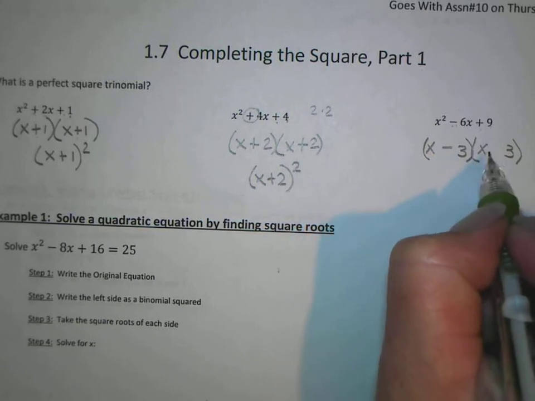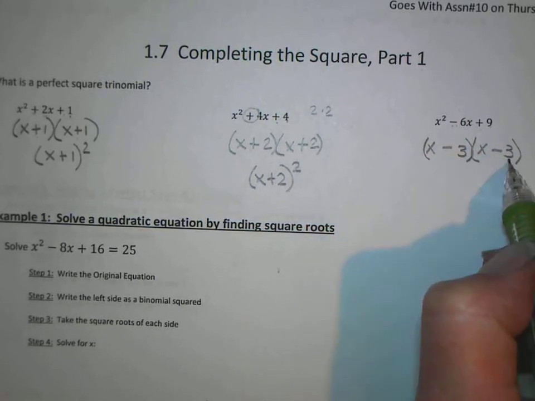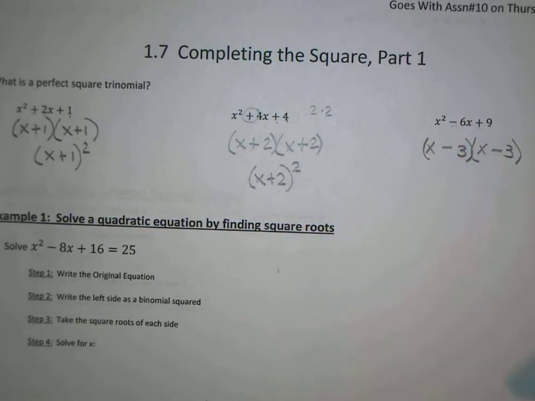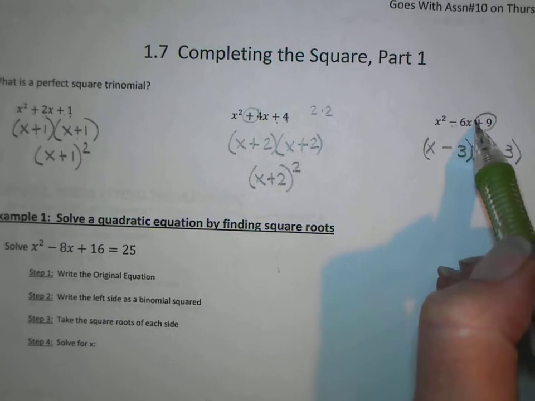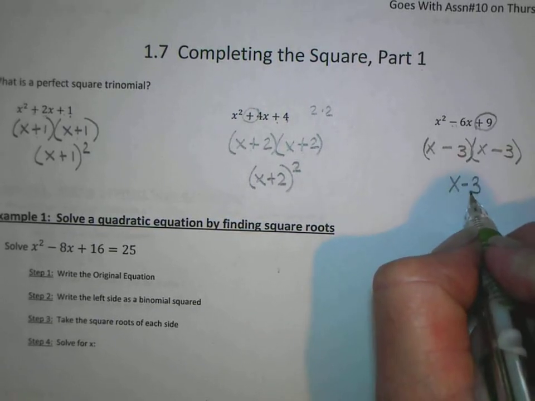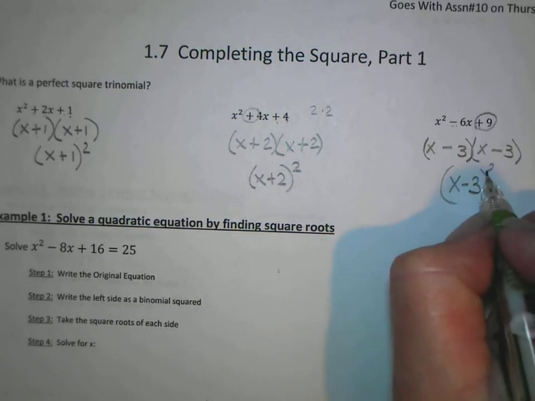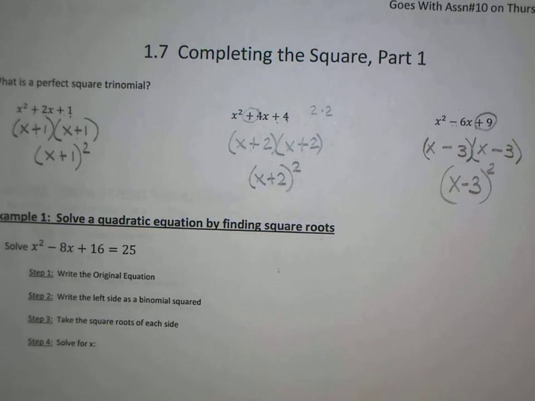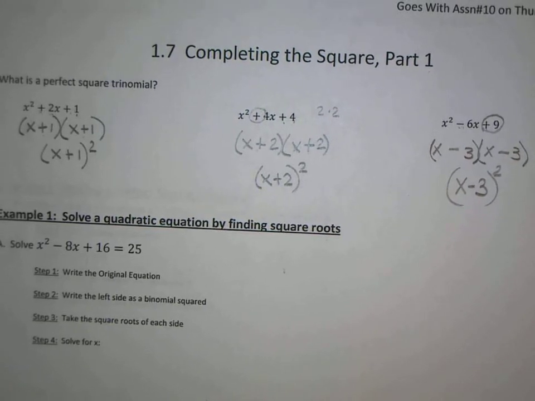So it would be negative 3 and negative 3, because remember, negative 3 times negative 3 is a positive 9. So a characteristic of a perfect square trinomial is that this is always the positive of some type of square root, whatever it might be. So this would become x minus 3 all squared. You might not quite understand that, but you will as you get through these. It's one of those ones that just takes a little practice.